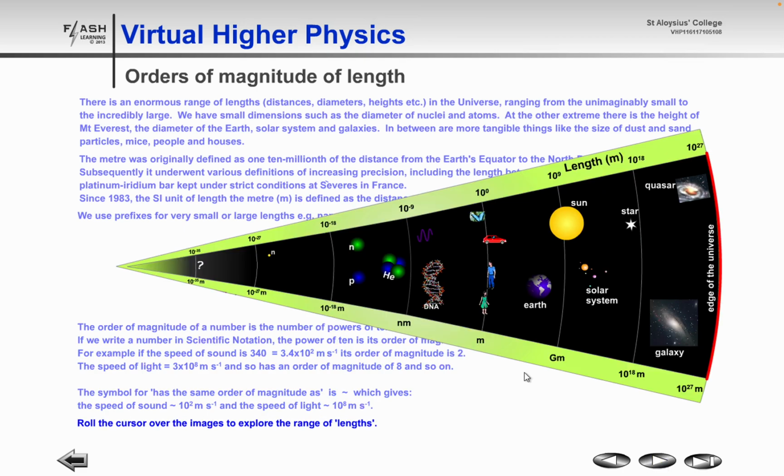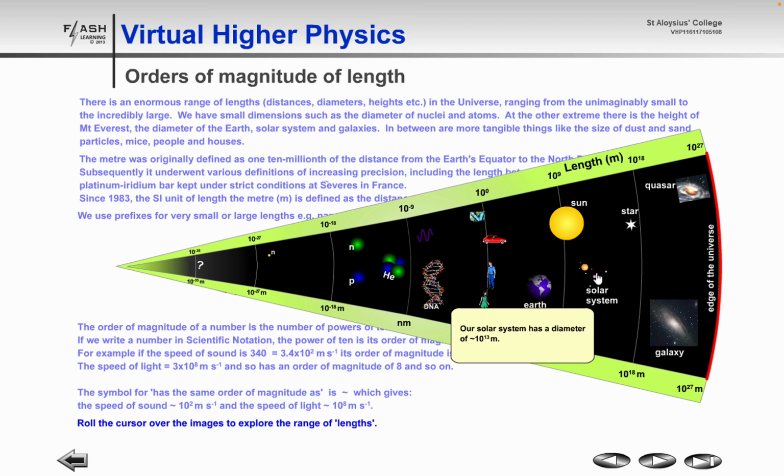To give you an idea of some of the orders of magnitude in the universe, we start with the incredibly large. The distance to far quasars, for instance, could be 26 orders of magnitude away. The next nearest galaxy to our own, 22. And the distance to the nearest star from the Sun is about 10 to the 17 metres, Proxima Centauri.